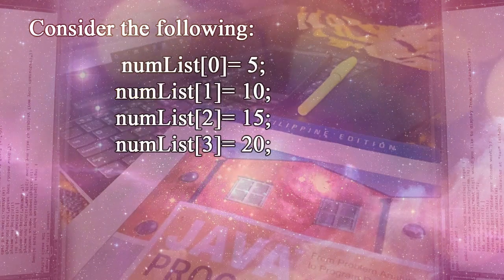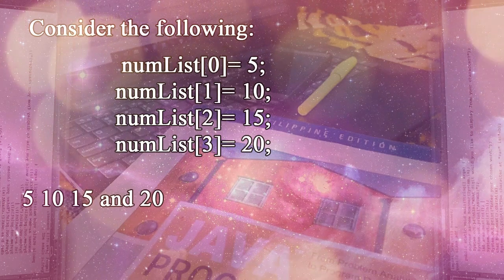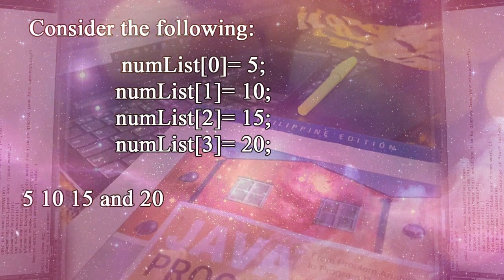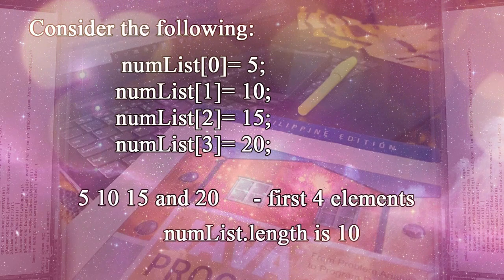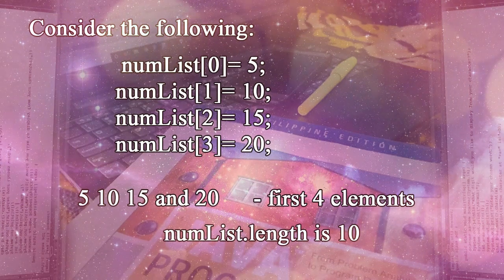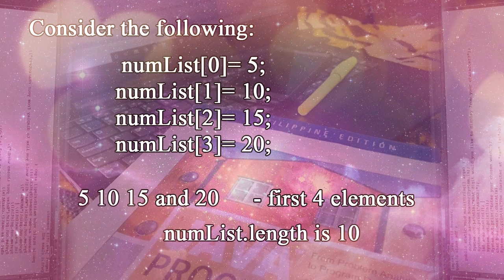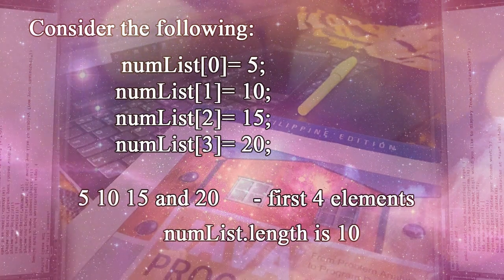Now, consider the following statements. These statements store 5, 10, 15, and 20 respectively in the first 4 elements of numList. Even though we put data into only the first 4 elements, the value of numList.length is 10, the total number of array elements.